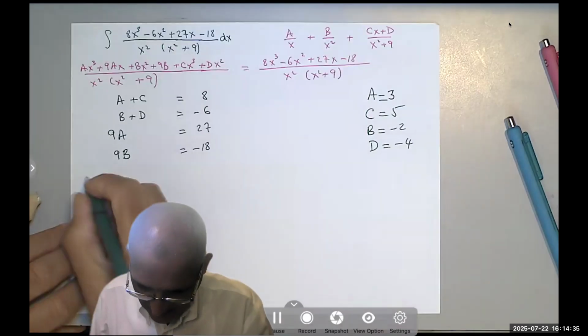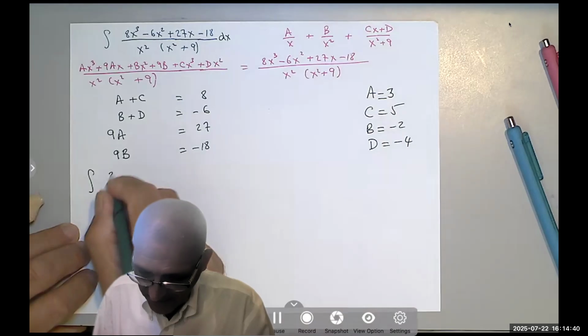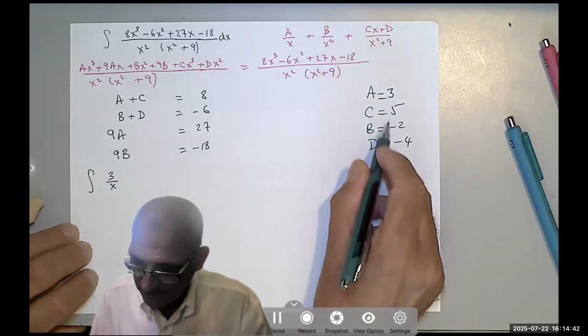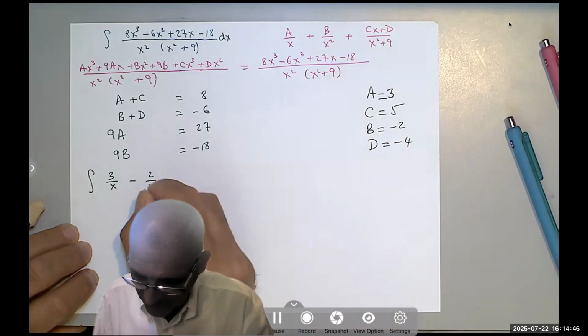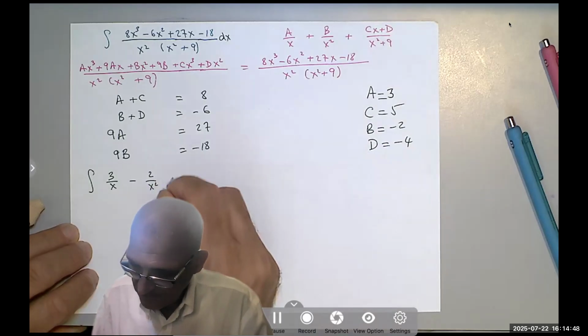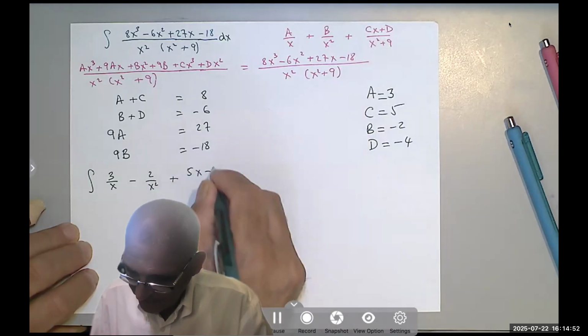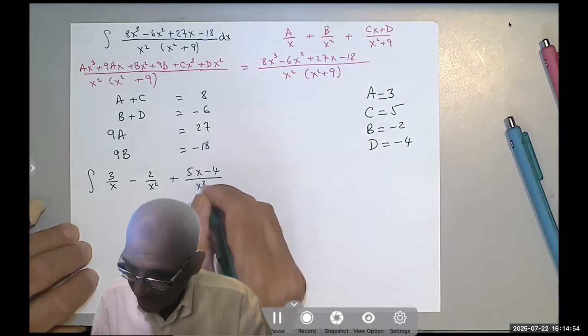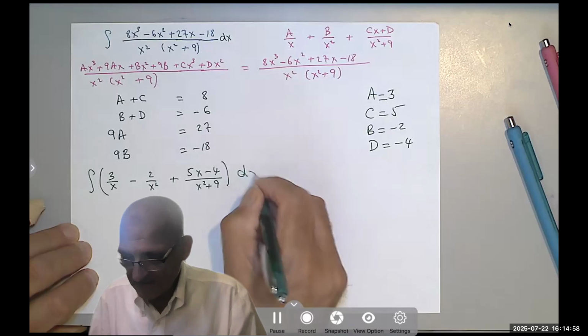So now my integral becomes the integral of 3 over x, the b is negative 2, minus 2 over x squared, plus 5x minus 4 over x squared plus 9 dx.